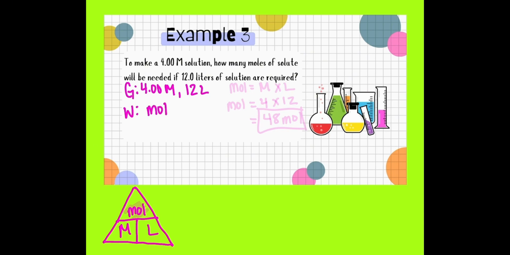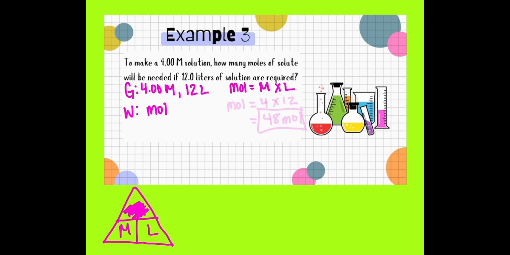Again, I'm going to go to my triangle. I'm going to cover up what it is that I want, which in this case is mole, which now provides me with the formula. In order to get my number of moles, I have to multiply molarity times liters. That is my formula in order to find moles.